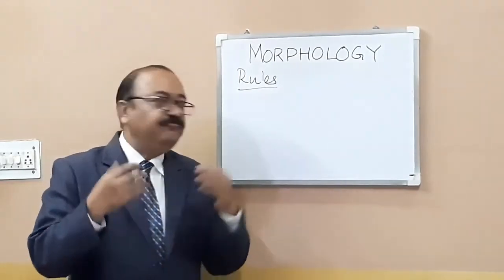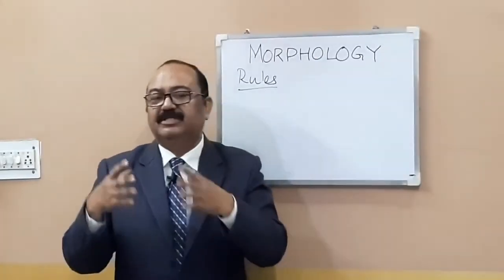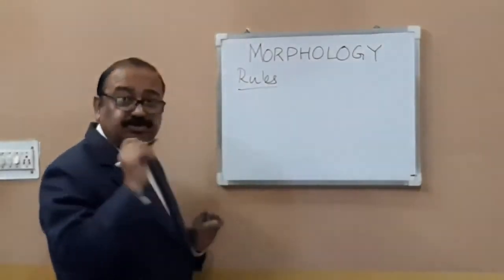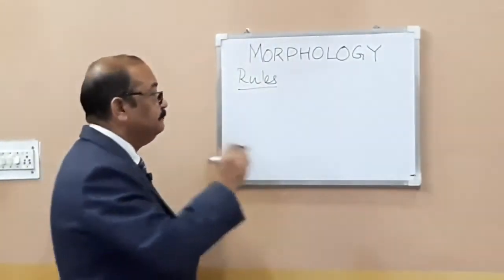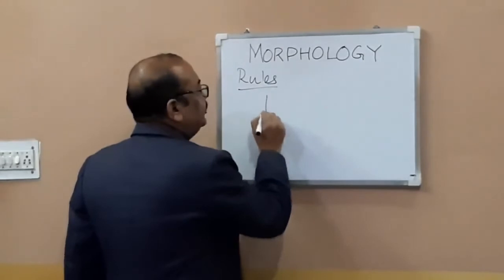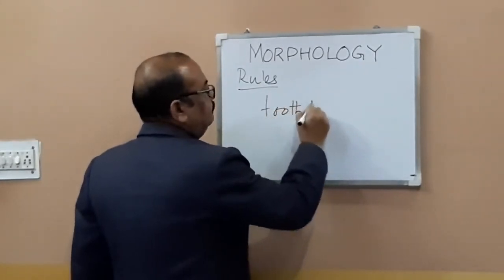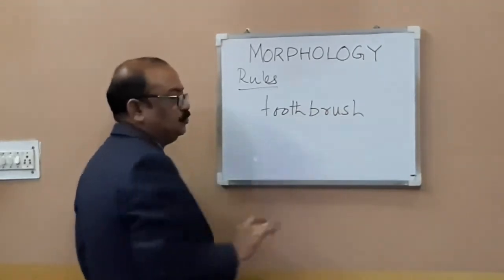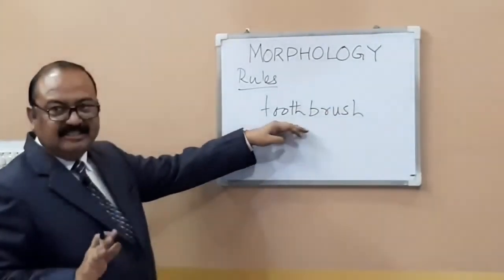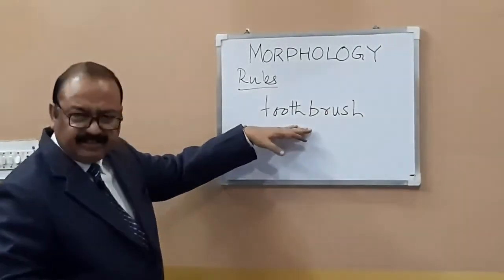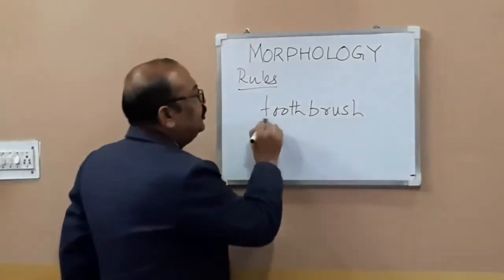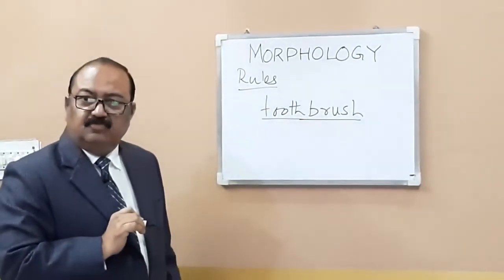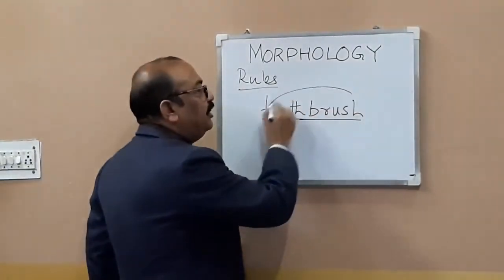where I told you that if two words combine to form an altogether new word, the word should also be new, with a new meaning. Like toothbrush, for example. Toothbrush, you combine two dissimilar words which have no connection at all. So they give you a new meaning, and this is also a new word.